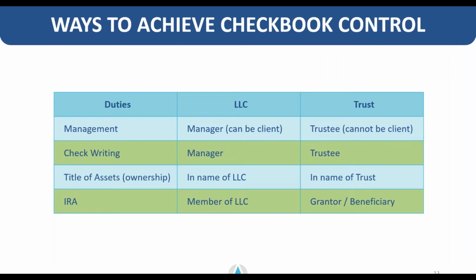Our do your own, or DYO solo 401k inherently does provide you checkbook control, where you open a bank account in the name of the 401k plan directly without having to establish another LLC after that. Now, investors may choose to establish an LLC for either liability or anonymity protection, but it's not necessarily required in that DYO model that we offer.